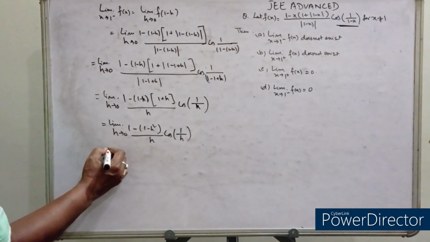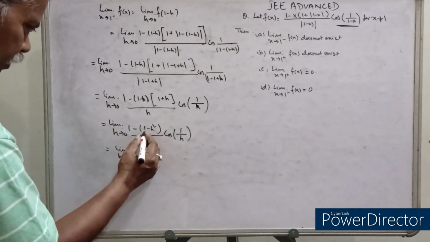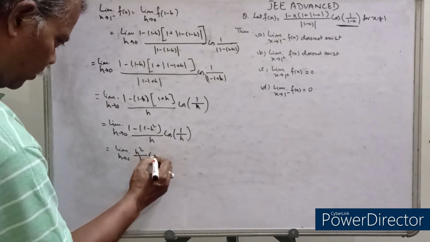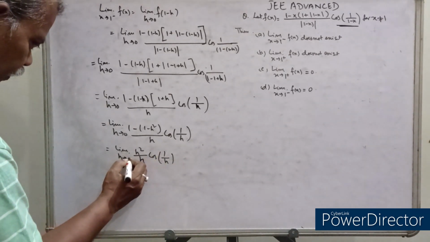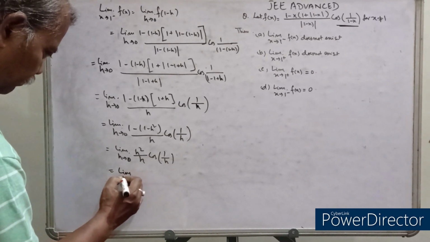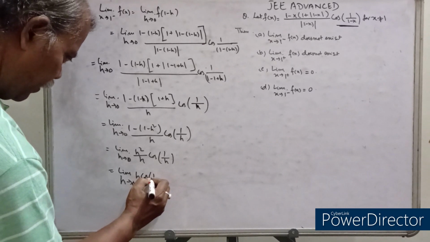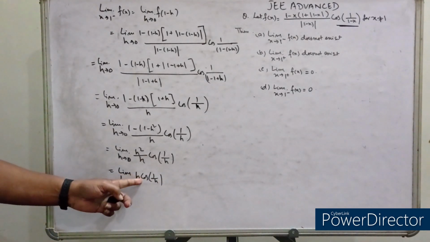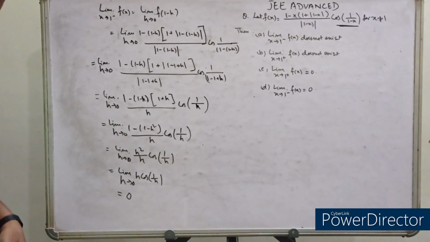So this will be the limit h tends to 0 of h square by h cos 1 by h, that is, the limit h tends to 0 of h cos 1 by h. Here h becomes 0, so 0 into anything is 0. This is 0.